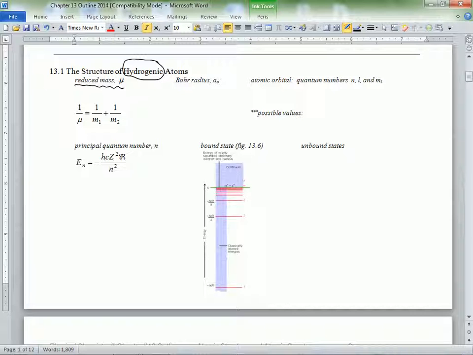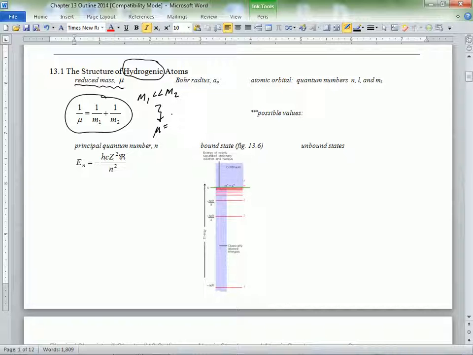In the concept preview, Richie, we did this. We said, hey, M1 is much, much less than M2. We did the math. The reduced mass is equal to which one?